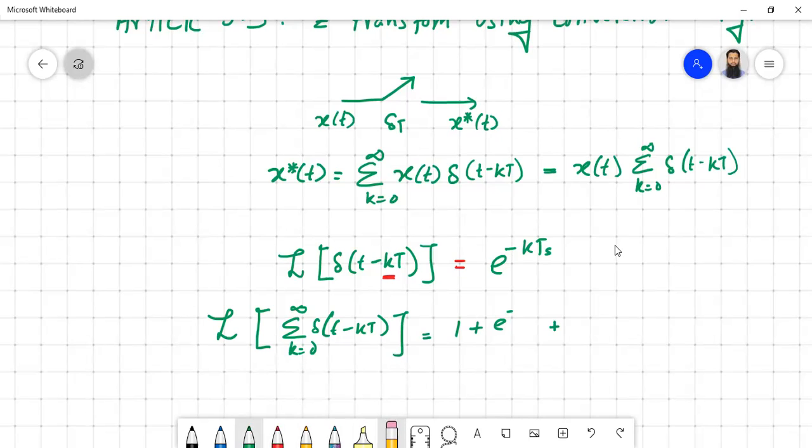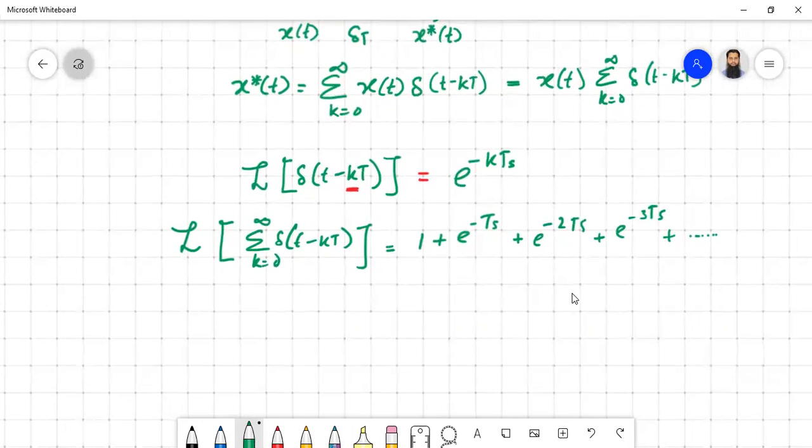The first one will be delayed by 1t, so e to the power minus ts, then e to the power minus 2ts, minus 3ts, and it goes on infinitely. Since this is a, the first value, and this is a common ratio r, we know that a by 1 minus r is the result of the infinite series, definitely if it is convergent.